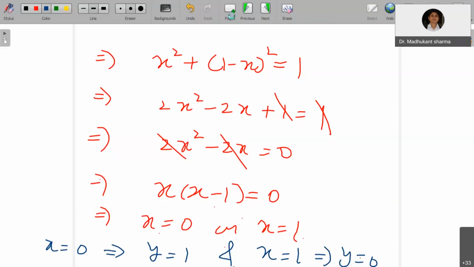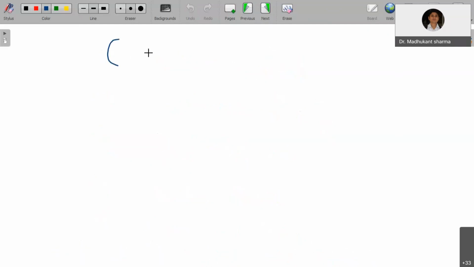So the points you observe, with z being 0, are two points: x is 1, y is 0, and x is 0, y is 1. Both will lie on G1 and G2.